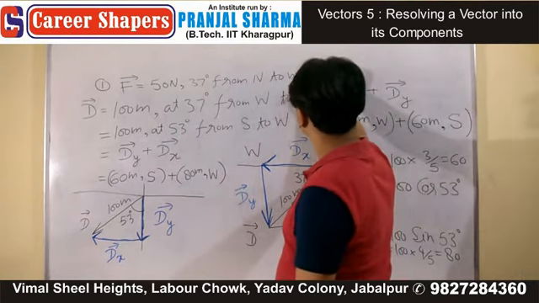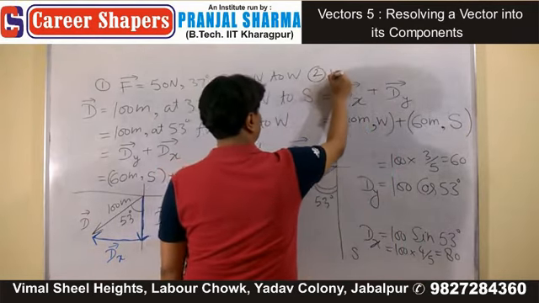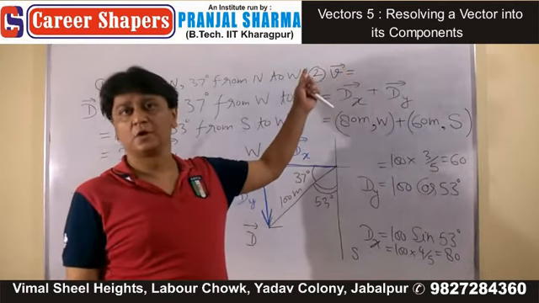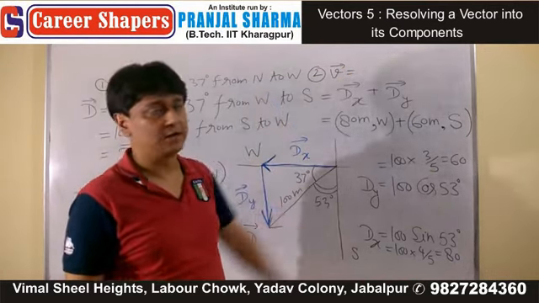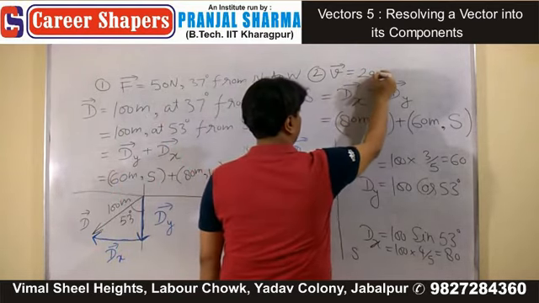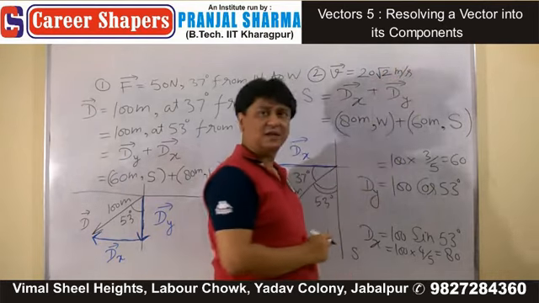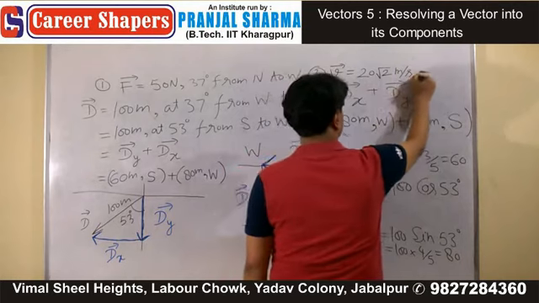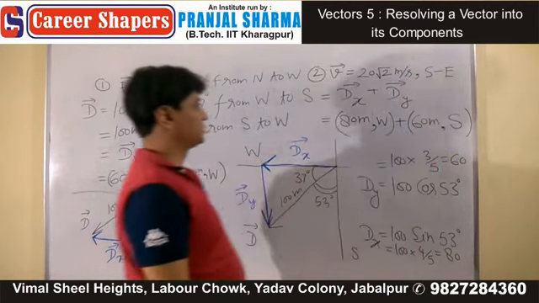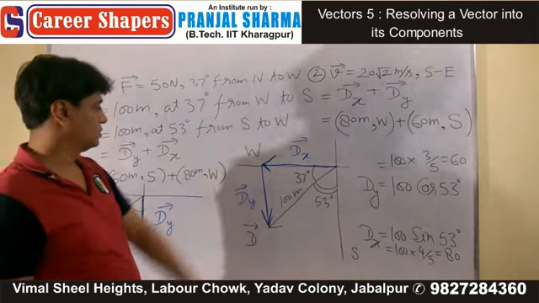Second, V for velocity. Velocity is a vector. 20√2 meters per second southeast.